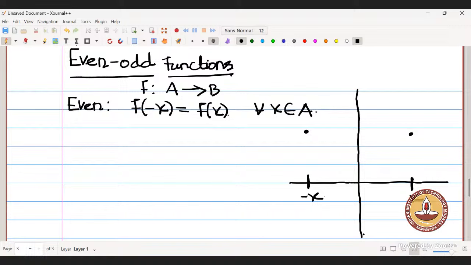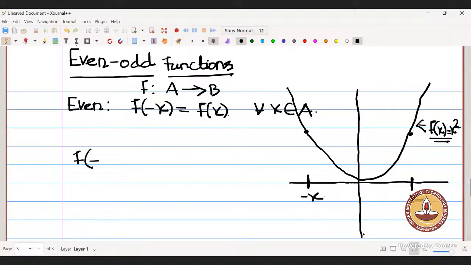For example, if I consider the graph of x square, let's say f of x equal to x square, then as you can see, f of minus x is minus x whole square, which is again x square, which is the same as f of x, right? So this is an even function.